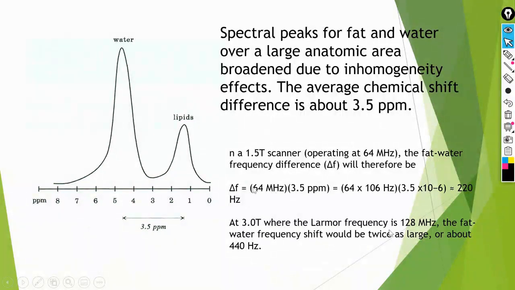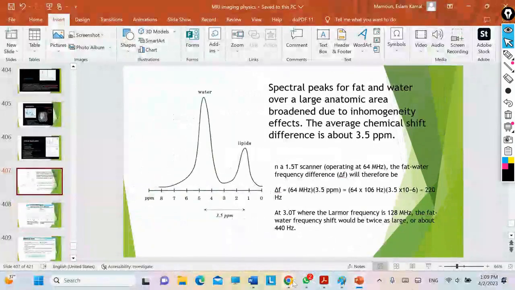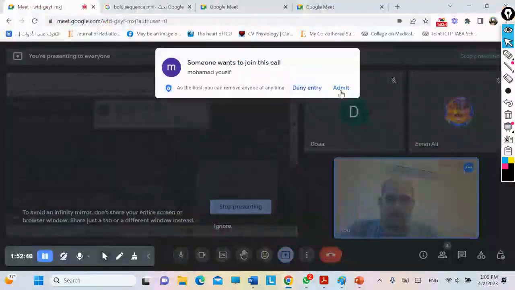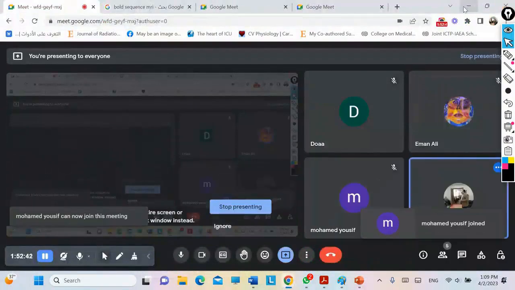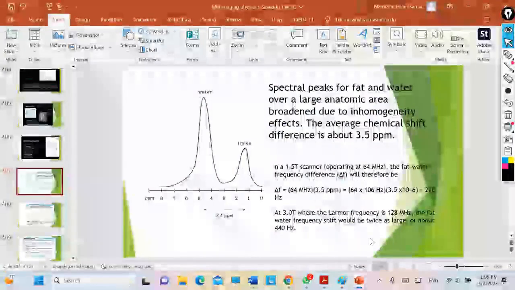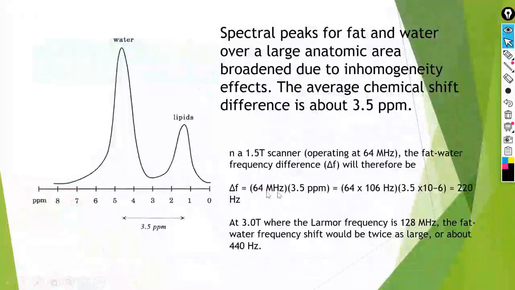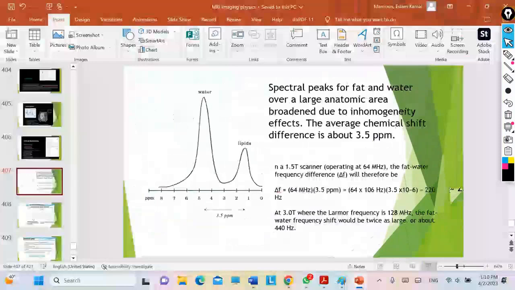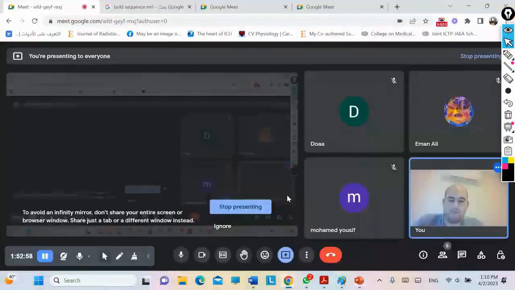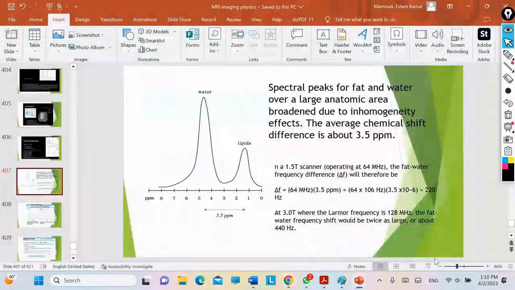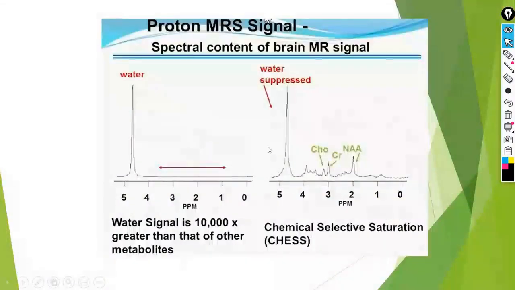When I multiply these by the frequency, when I multiply them by a frequency value of 64 megahertz, which is related to my device of 1.5 Tesla, the resonance frequency gives me a frequency of 220 Hz. So this is the meaning of the term 3.5 parts per million.